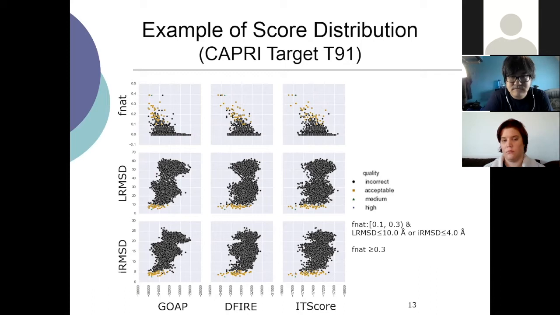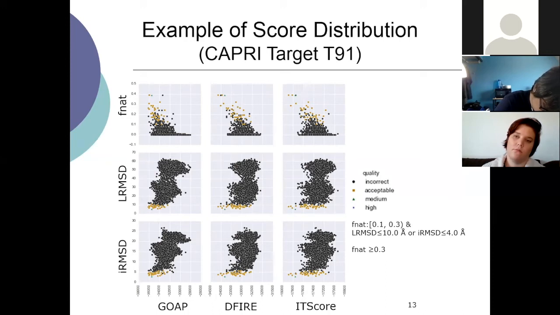GOAP and DFIRE are more like structure prediction tools. You have an amino acid sequence, and the method generates lots of different models, and GOAP and DFIRE are supposed to select the native-like models, close to native, by checking angles, distances and the interactions. I see.